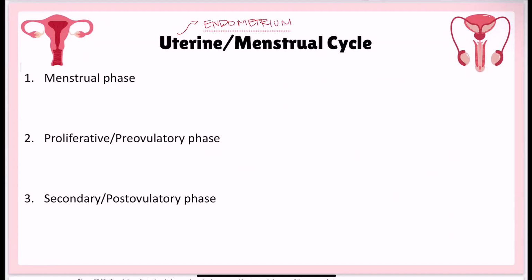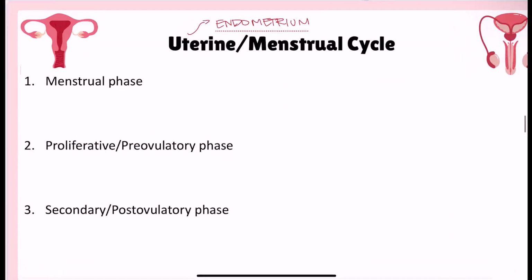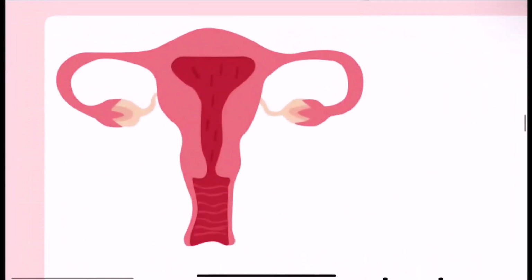That's that innermost layer of the uterus. So if we were to talk about the uterus, here I have a picture right here. The innermost layer of the uterus is called the endometrium. Then we have that myometrium and then the perimetrium there on the outside. So we're talking about the lining, the endometrium.